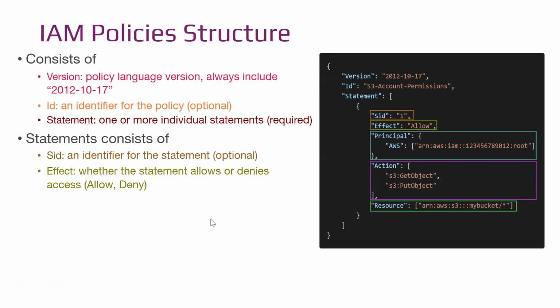Effect: whenever you are creating a policy, there are two options for effect, allow or deny. For example, I am going to create a user and I don't want to allow them to use IAM. He can access almost all services, but not IAM.